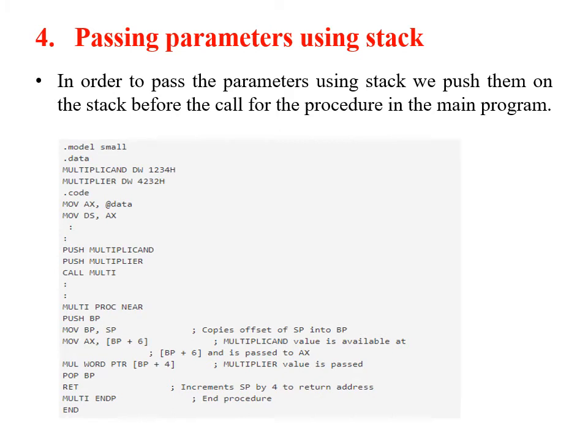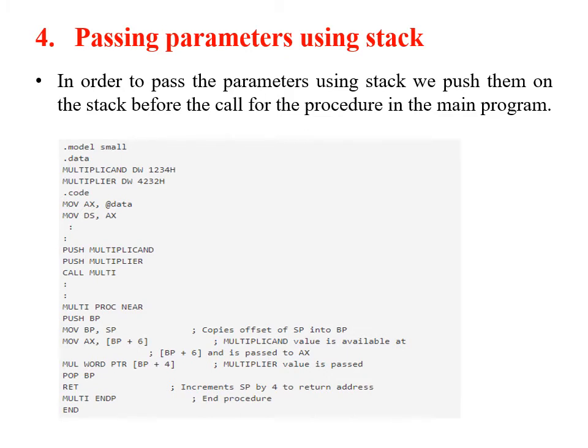The last method is passing parameters using the stack. In order to pass the parameters using the stack, we have to push the required parameters into the stack, and once we are inside the procedure, we pop those elements and use them within that procedure.